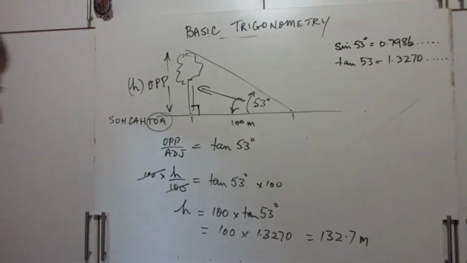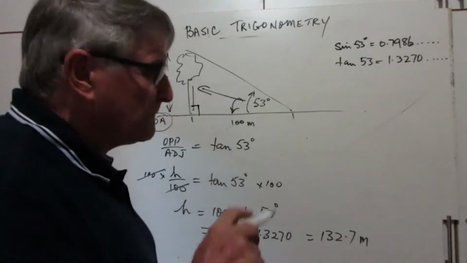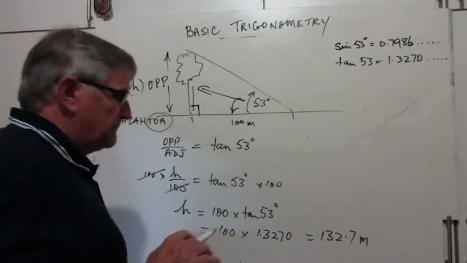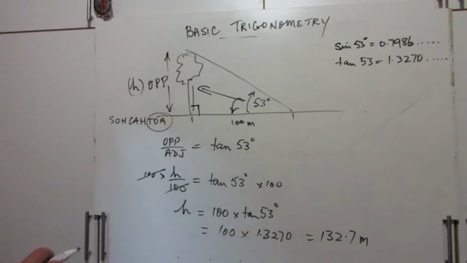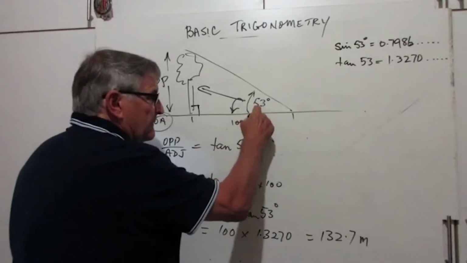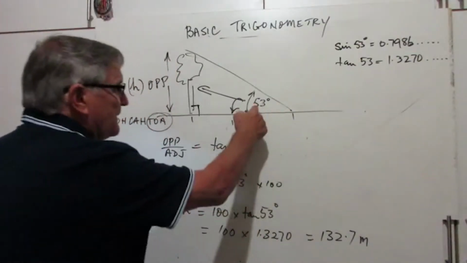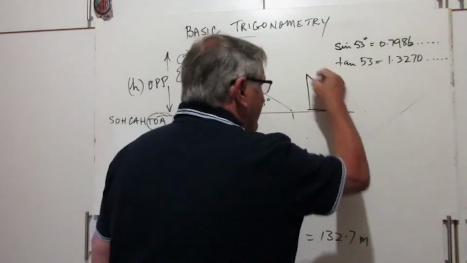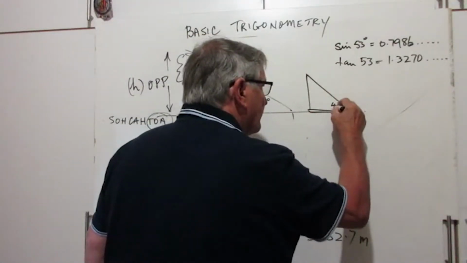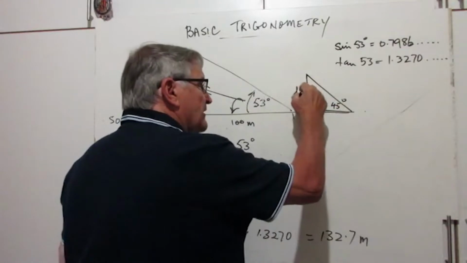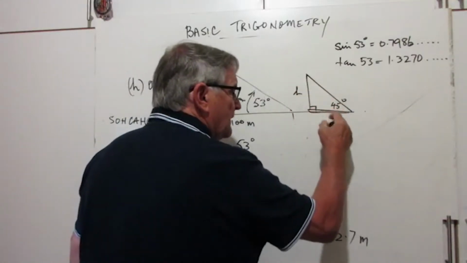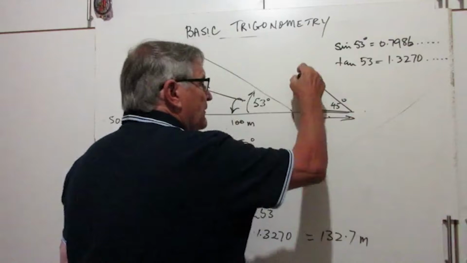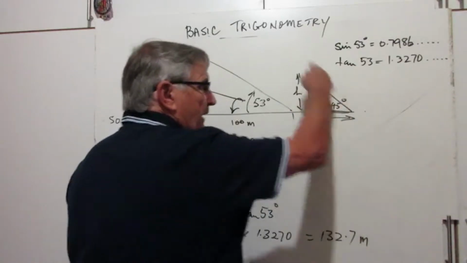Okay, does it look right? I hesitated because I thought I made a mistake. But I am right. And it all relates to this angle here. If this angle had been 45 degrees, then this height, H, would have been exactly the same as this horizontal distance, because this is half a square.